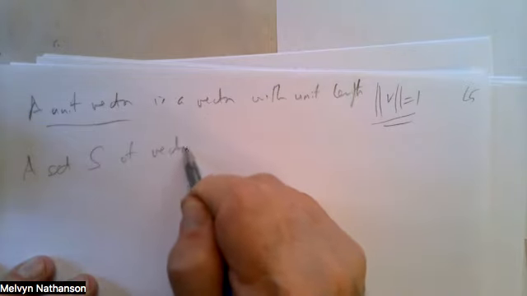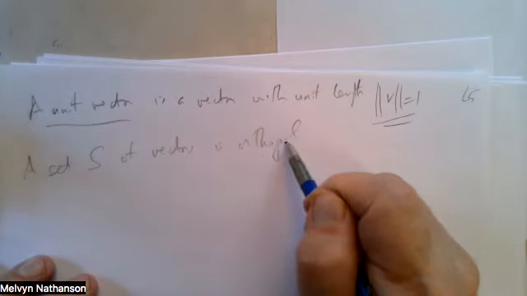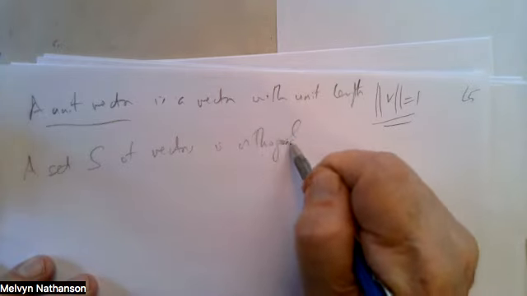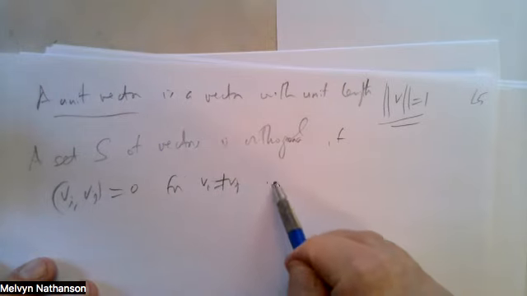And a set S of vectors is orthogonal if the inner product of any two vectors is 0 for vi different from vj in S. So you have the set of vectors and any pair of them is orthogonal, right?